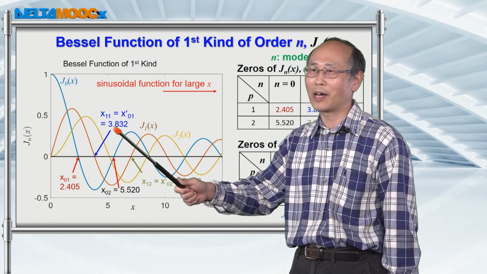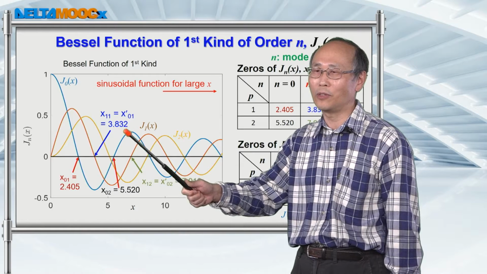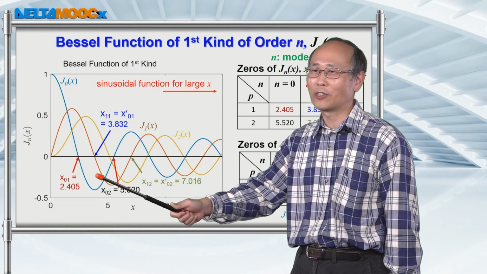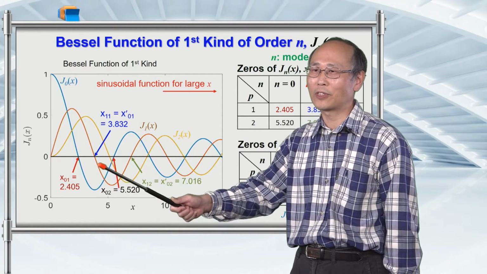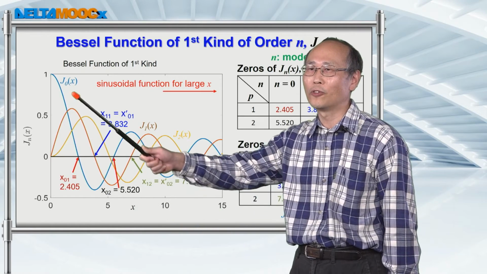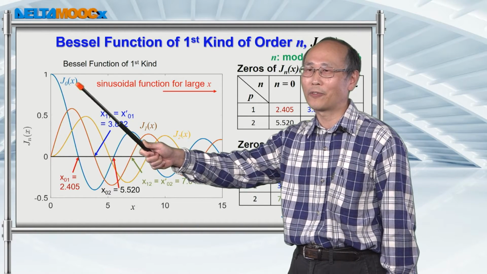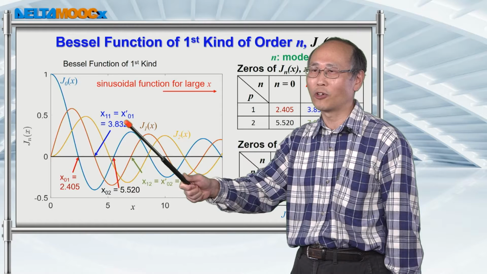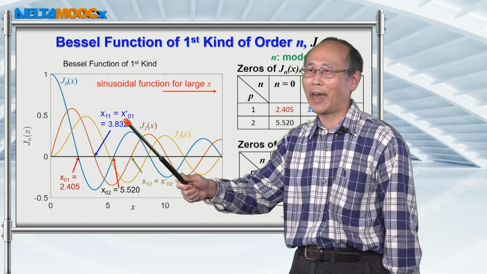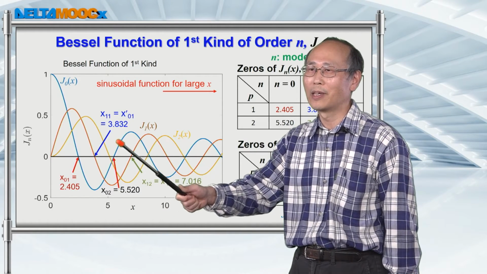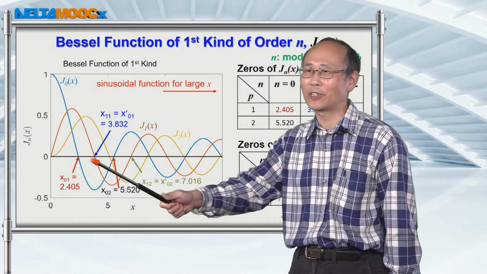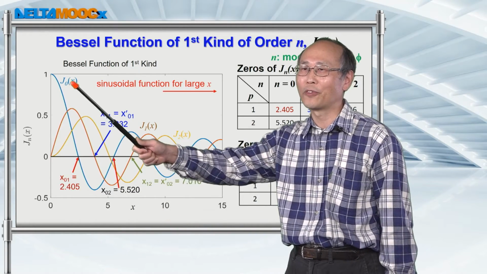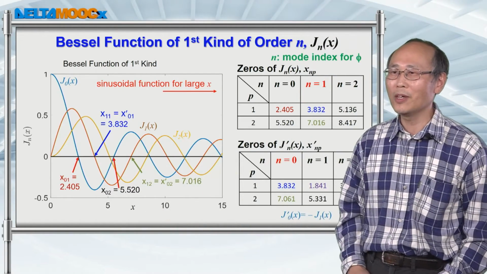So this 3.832 location is also the first zero crossing point for the derivative of the J0 function. I label this point as x prime 01, because this is the first zero crossing point of the derivative of this J0 function.